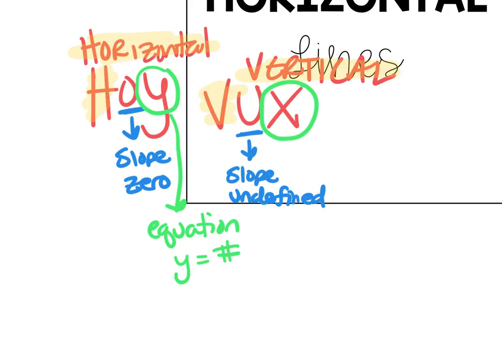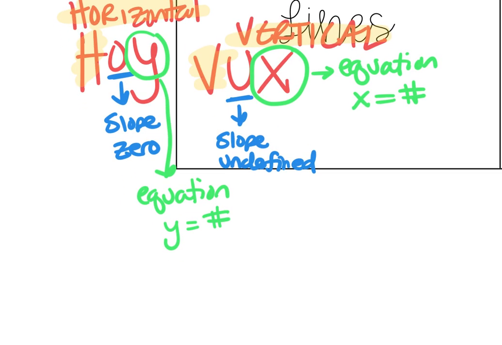Similarly, the X is the equation for a vertical line. It's x equals whatever number it cuts through the x-axis. And so if you remember this little acronym, HOI, VUX, it's really easy, guys. Horizontal, vertical lines, SAT, ACT, yes, this is very helpful.